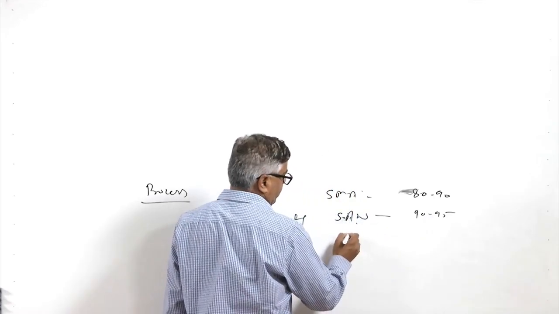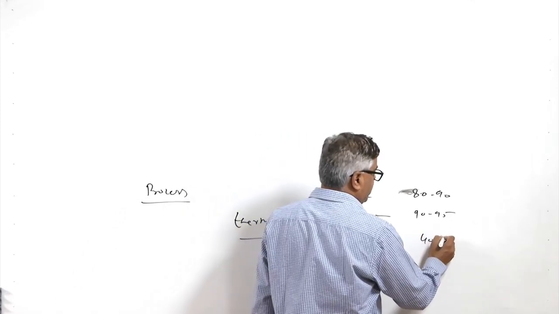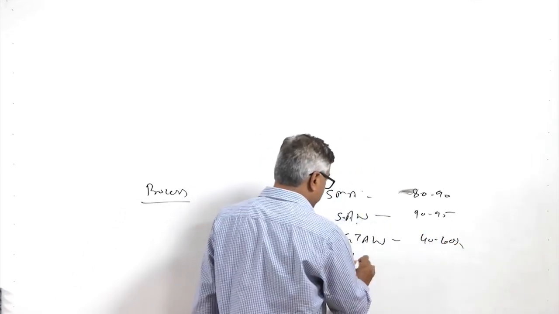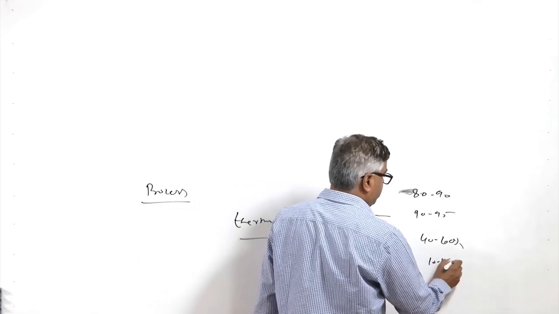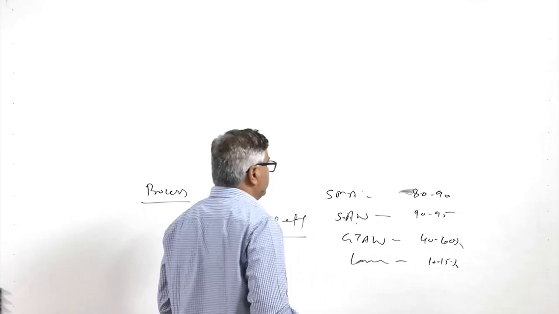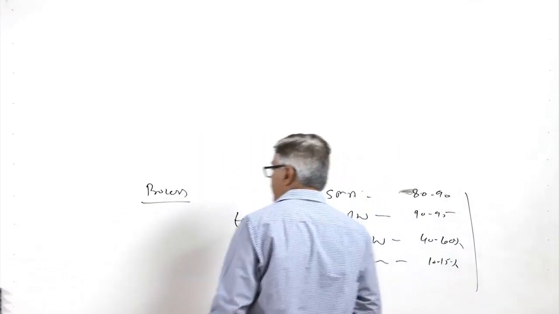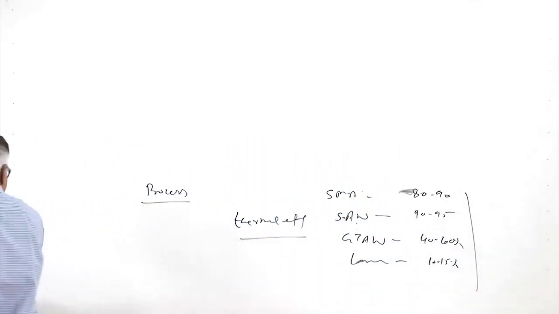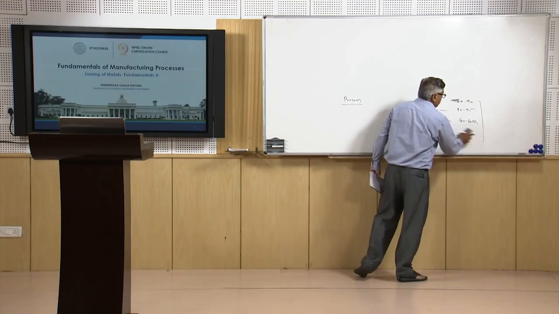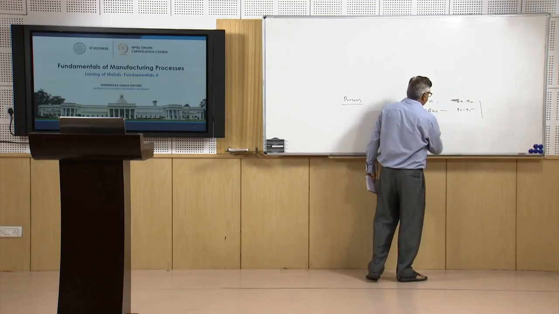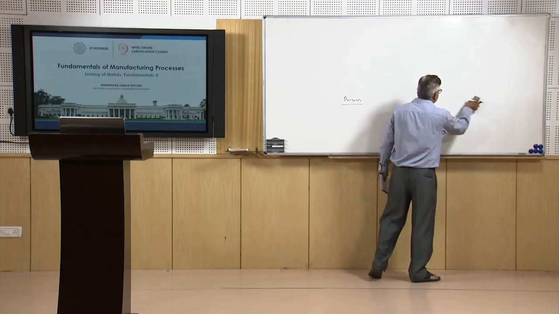For the gas tungsten arc welding process it is very low, 40 to 60%. For the laser beam it is further low, like 10 to 15%. So, depending upon the process, different thermal efficiencies are observed, wherein we deliver some amount of energy during the welding, but only part of that is used for melting. The remaining portion of the energy is wasted in different ways.